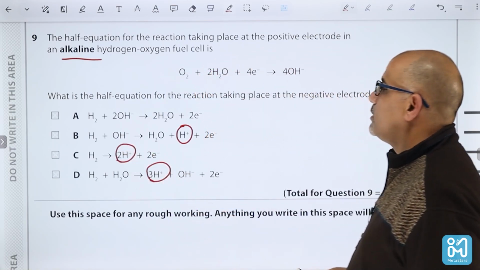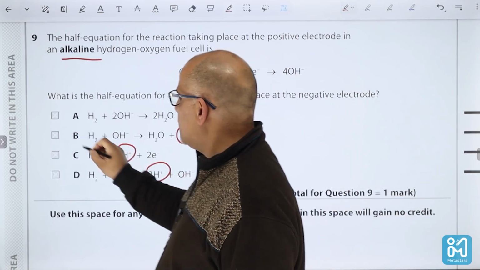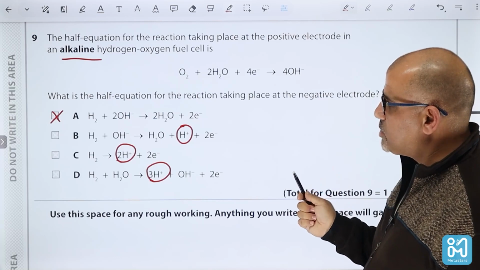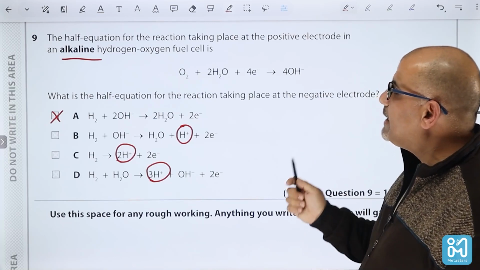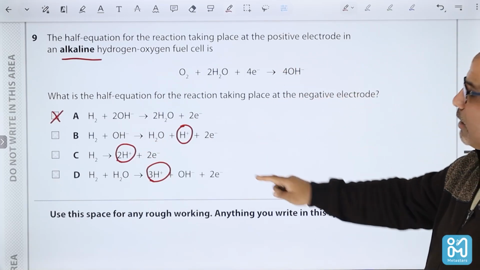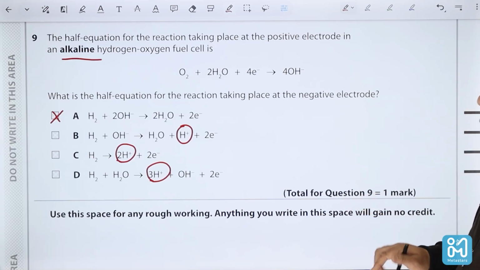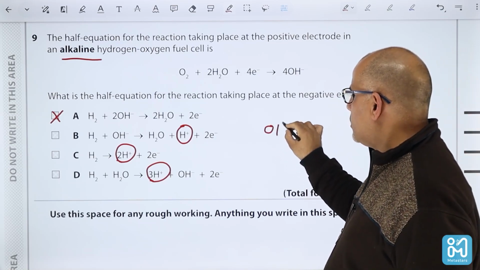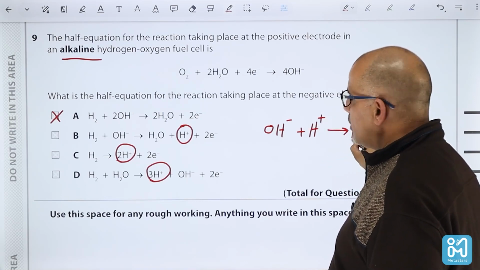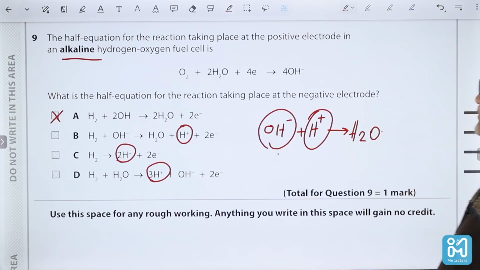That's impossible to be formed. So the most correct answer is A, because it is the oxidation of hydrogen to water in the presence of hydroxide ion. But the other 3 equations will not be formed in the alkaline solution because the alkaline will react with hydrogen and reverse the equilibrium to form water on the other side. So that's very, very important.